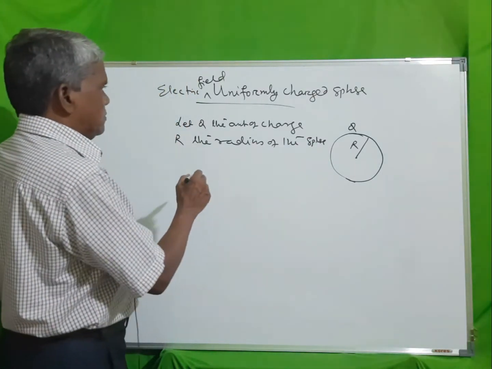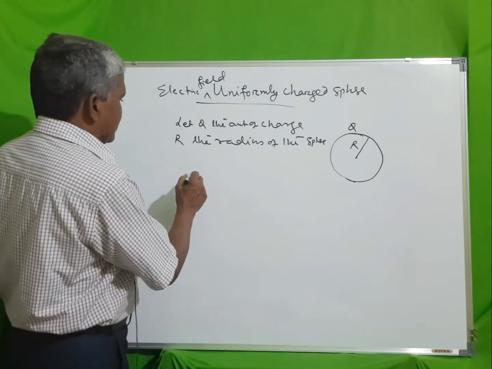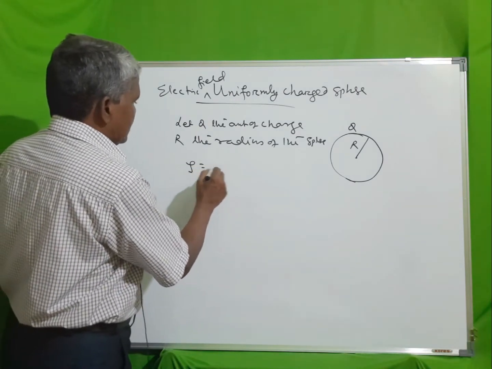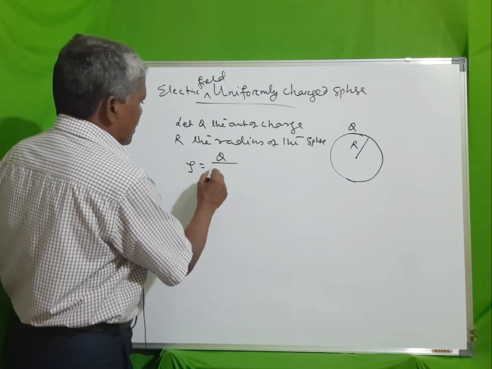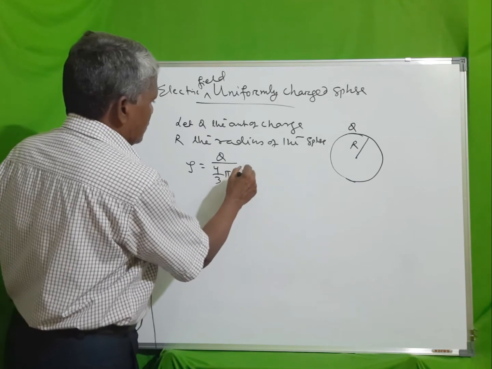Then the volume charge density rho is equal to Q by 4 by 3 pi R cube.